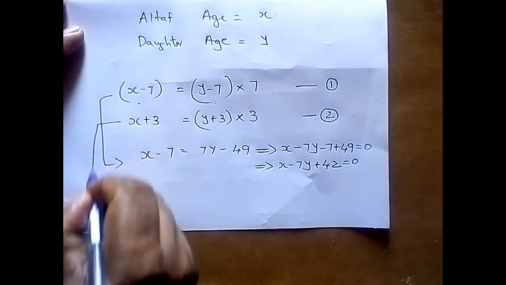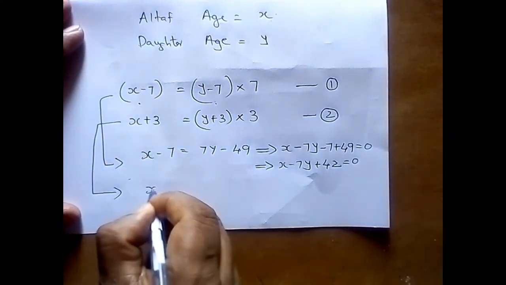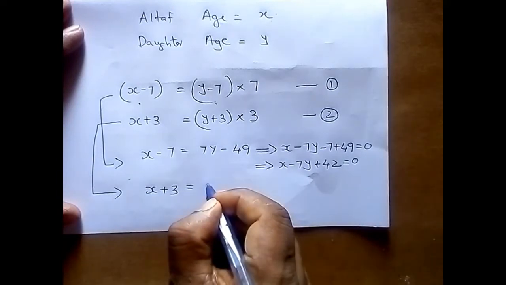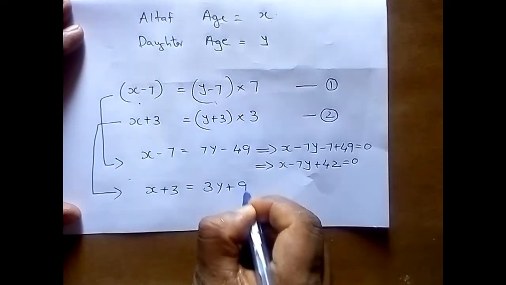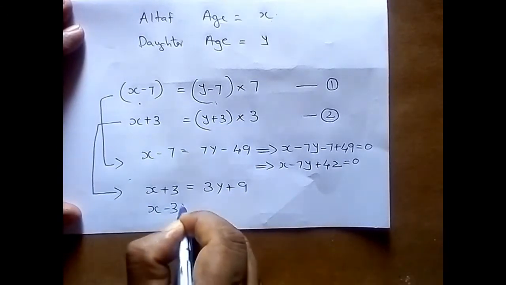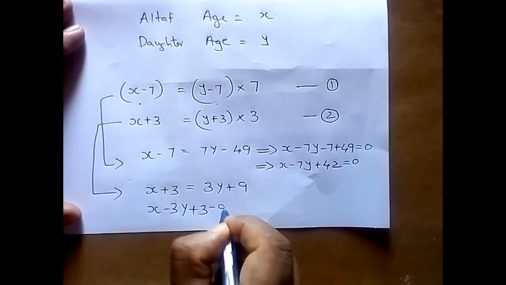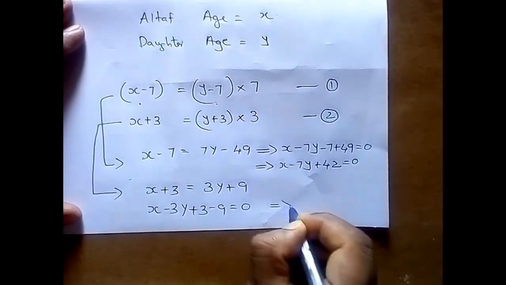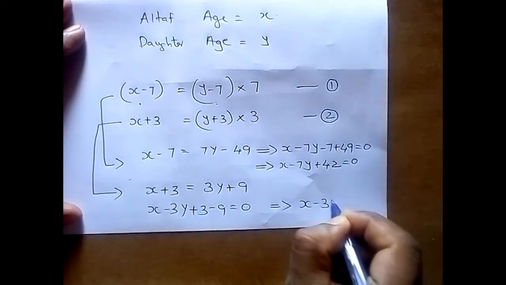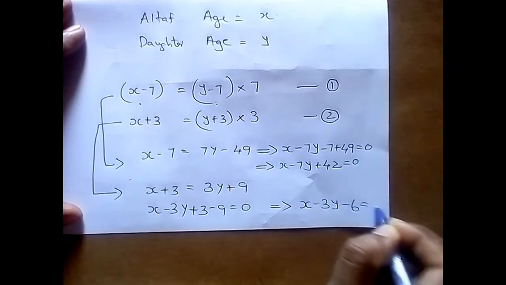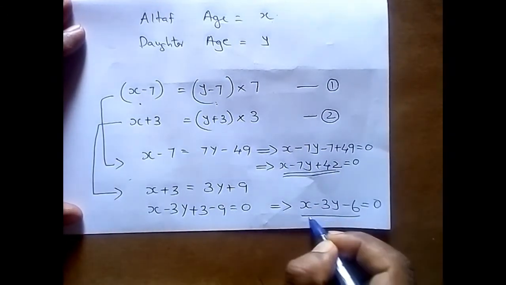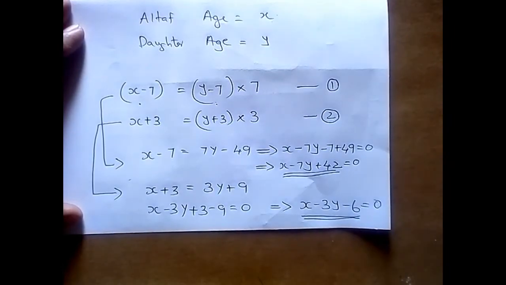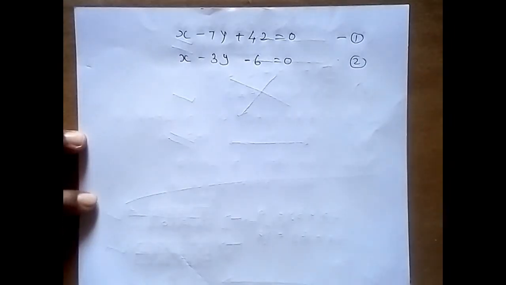What about the second one? x plus 3 equal to 3 into y, 3y plus 3 into 3, 9, or x minus 3y plus 3 minus 9 equal to 0, means x minus 3y minus 6 equal to 0. So we have two equations. This is the first equation, this is the second equation. So this is the algebraic representation of the equation.